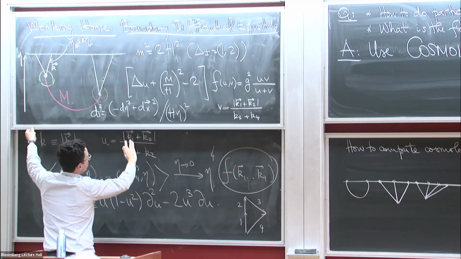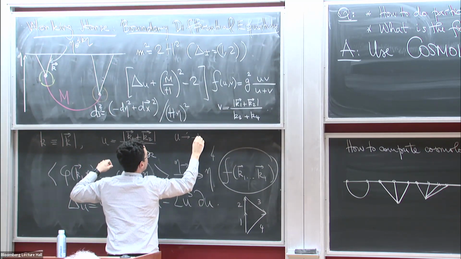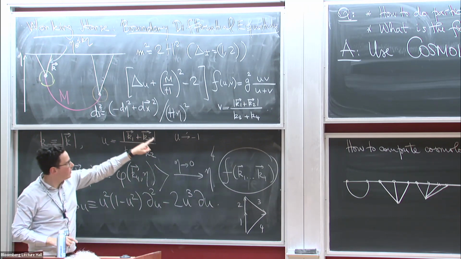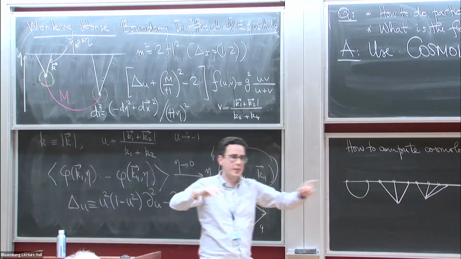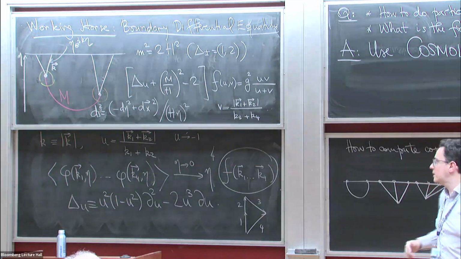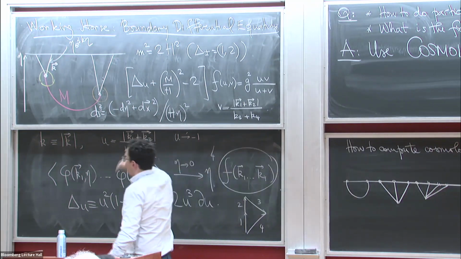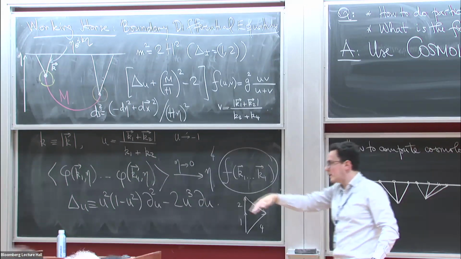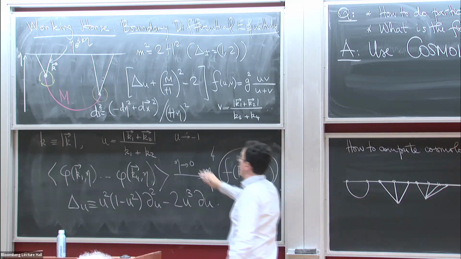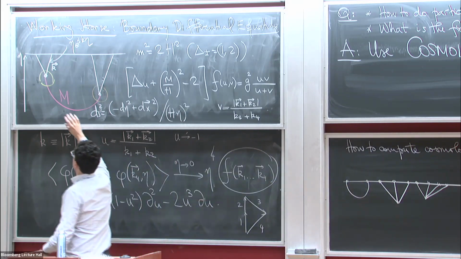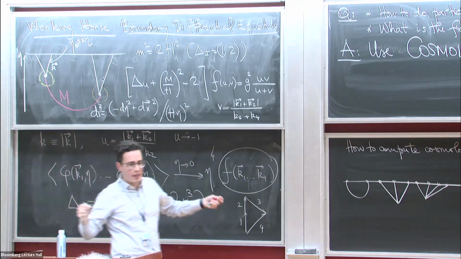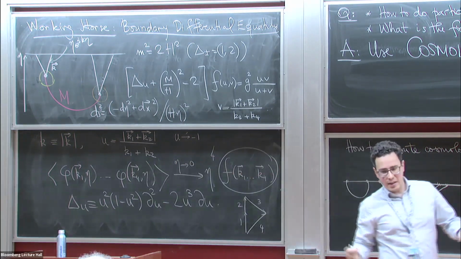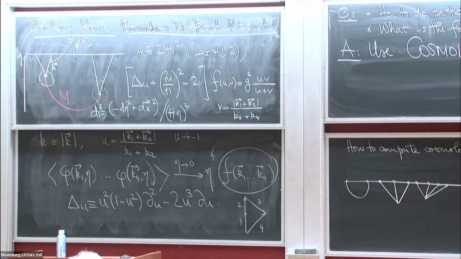So if I send the sum of these, which is U, if you take U minus 1, it's sending this guy plus this guy plus this guy to zero, which of course you can't do for physical kinematics, you're just summing three positive numbers. But because these have square roots, you can go to the second sheet and take the limit when the sum of these energies goes to zero. And what happens is that this is the best you can do in cosmology that is analogous to what we call factorization in scattering amplitudes. In scattering amplitudes, you can tune the energy to put a resonance on the mass shell, and the diagram factorizes.